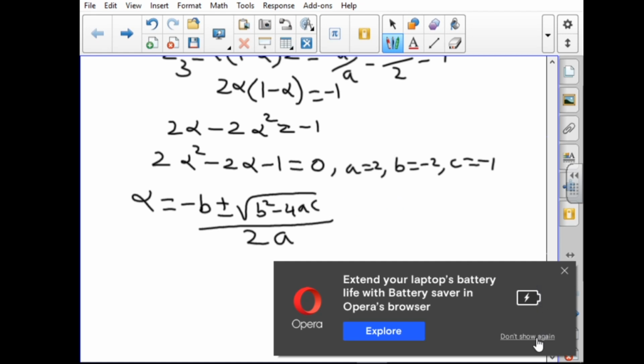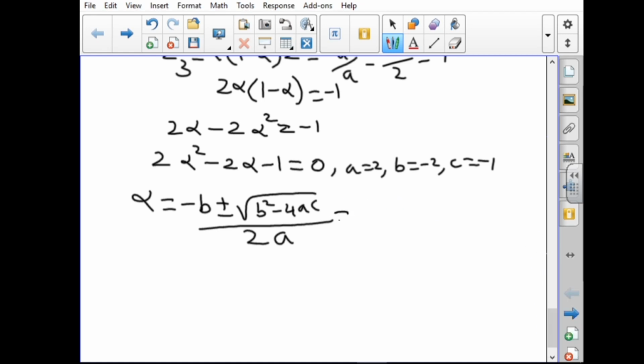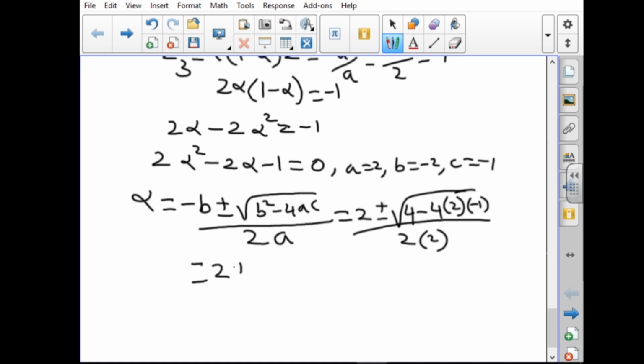So it is equal to, b is minus 2, so it becomes 2 plus or minus root of b square, so 4 minus 4 into 2 into minus 1, by 2a. So 2 into 2. So it is equal to 2 plus or minus root of 4 plus 8, which gives you 12, by 4.